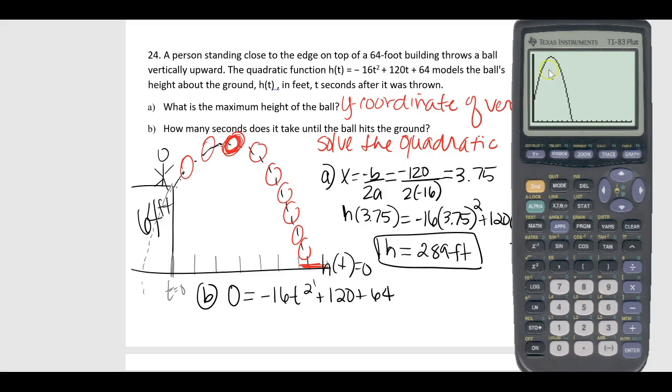Good. Okay, so we want to figure out when does this graph hit the x-axis, when the height is 0? Right here. So we're going to calculate. Your x-intercepts or your solutions are also called your zeros. So we're going to calculate the zeros. So we're going to say 2.